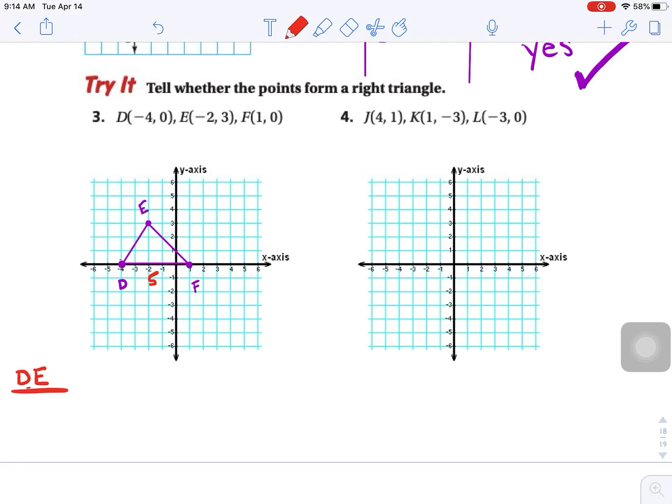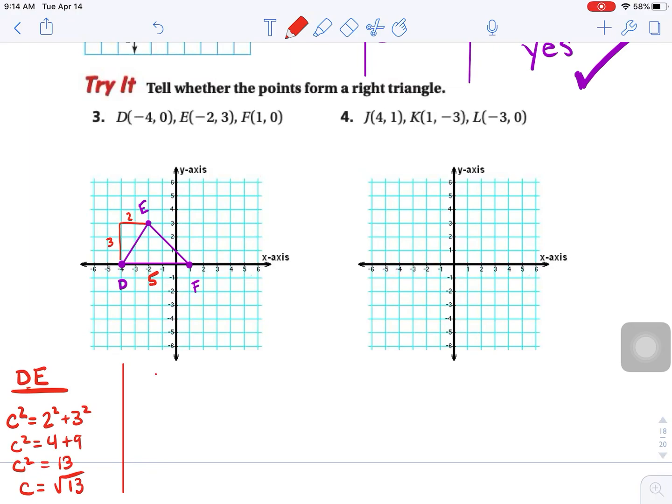So if I make my little triangle here, right, DE is 2 by 3. All right, so I know that DE is square root of 13.